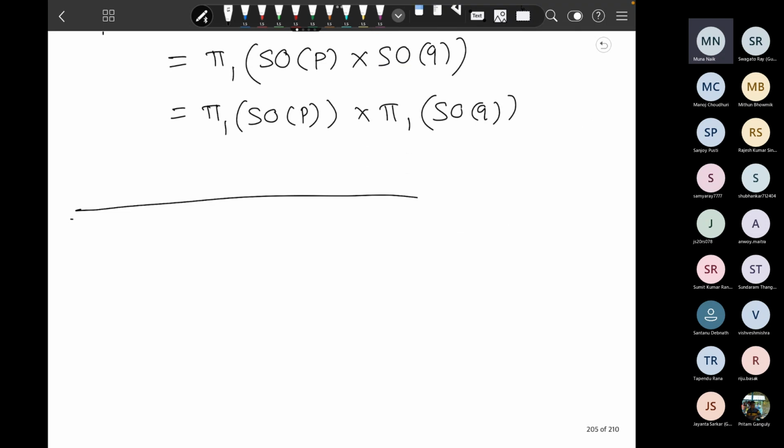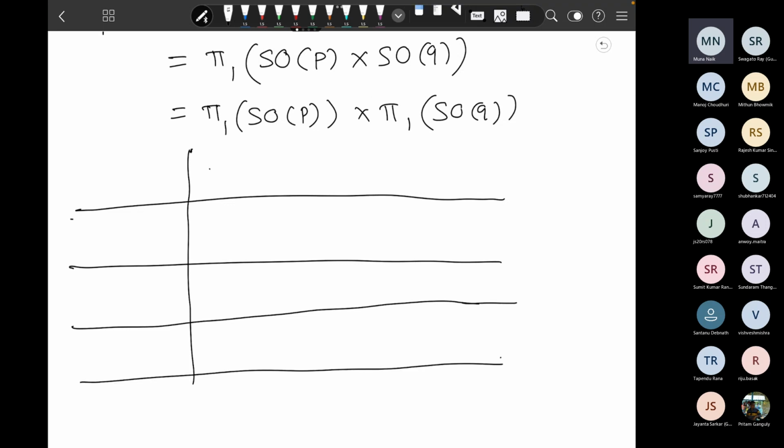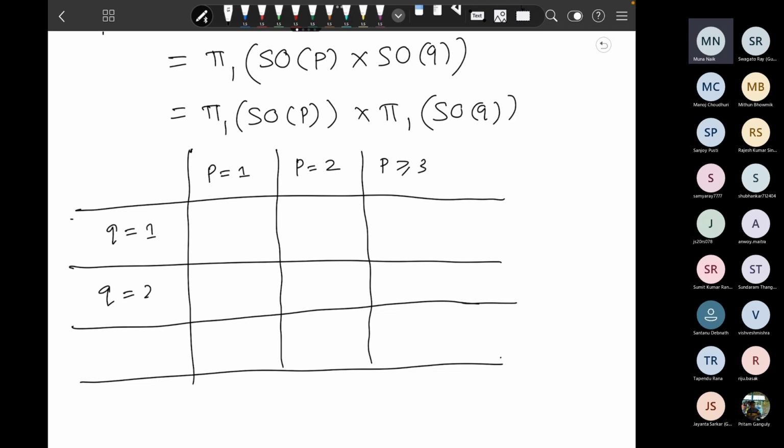Okay, in this case we will get a table something like this. P is equal to 1, P is equal to 2, and P greater than or equal to 3. Similarly, Q is equal to 1, Q is equal to 2, and Q greater than or equal to 3.